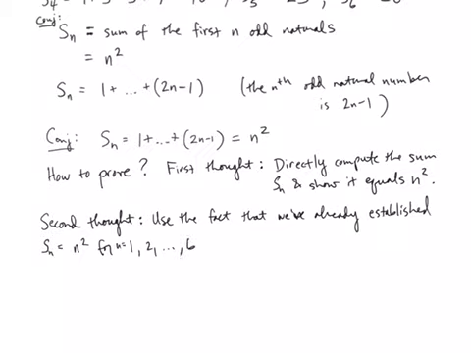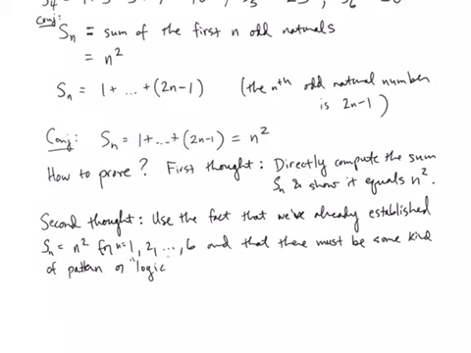So for n equal 1 through 6, we have a feeling that there must be some kind of pattern or logic that keeps the sequence going. I'm speaking somewhat informally here.